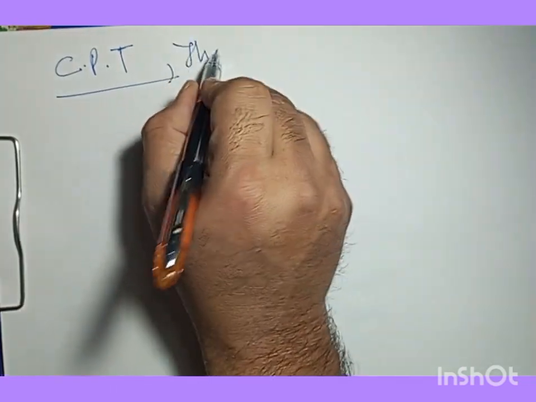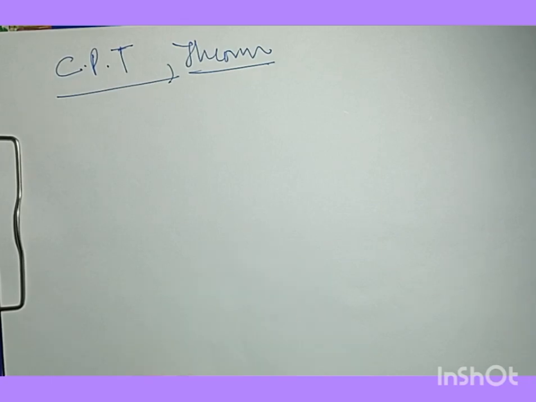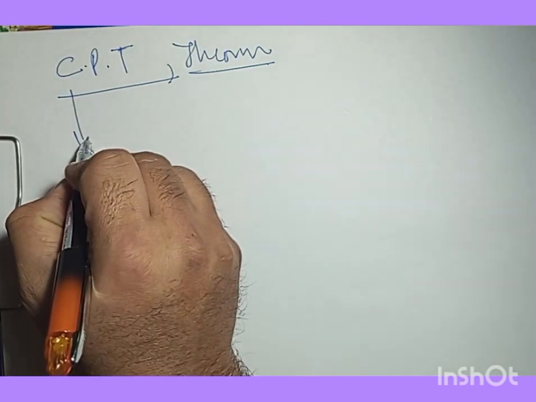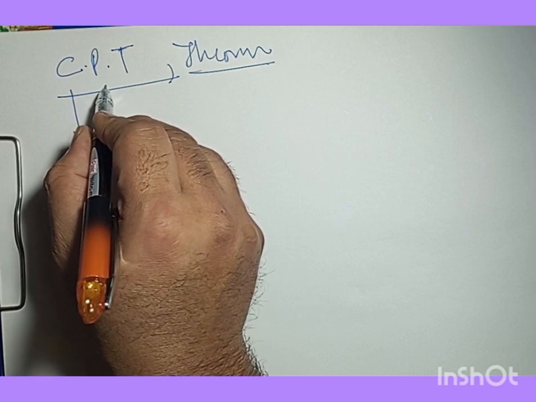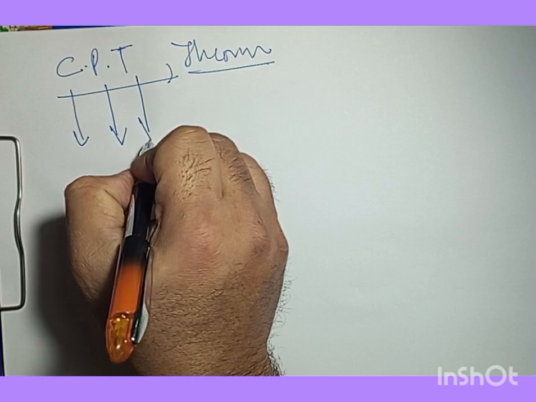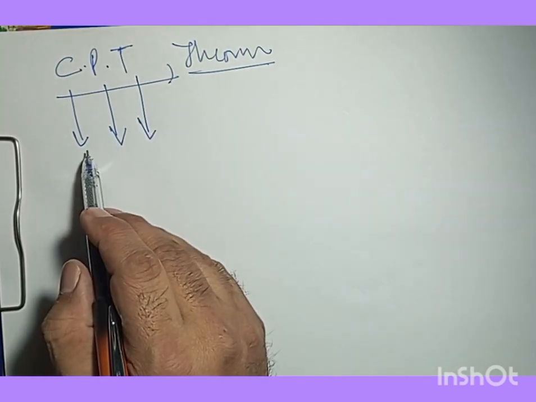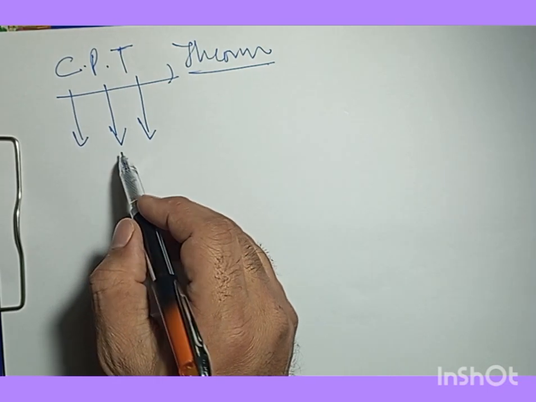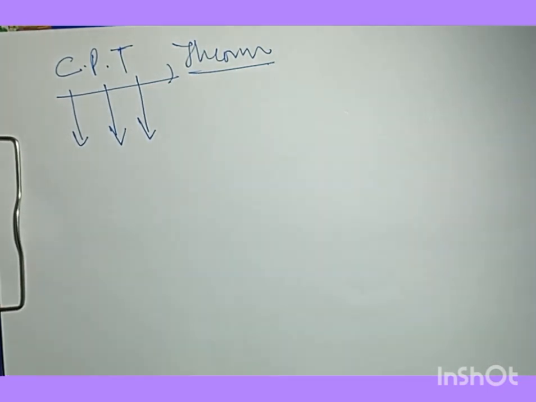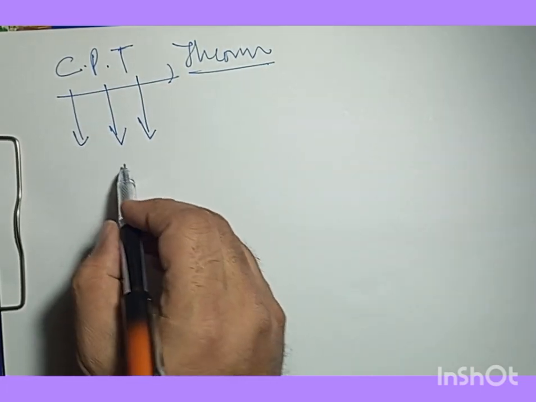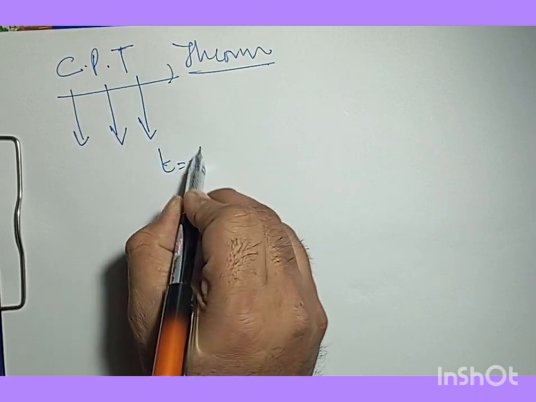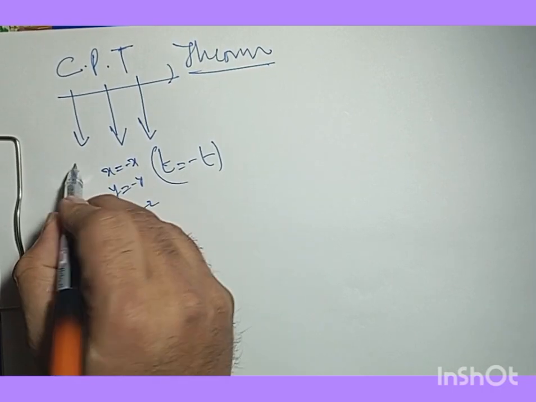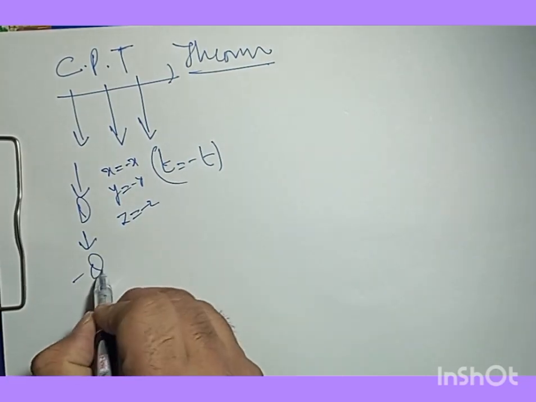What does this theorem state? It concerns the three operators C, charge conjugation, which inverts the charge, q replaced by minus q; P, parity, which inverts the space coordinates, x to minus x, y to minus y, and z to minus z; and T, time reversal, where t is replaced by minus t.